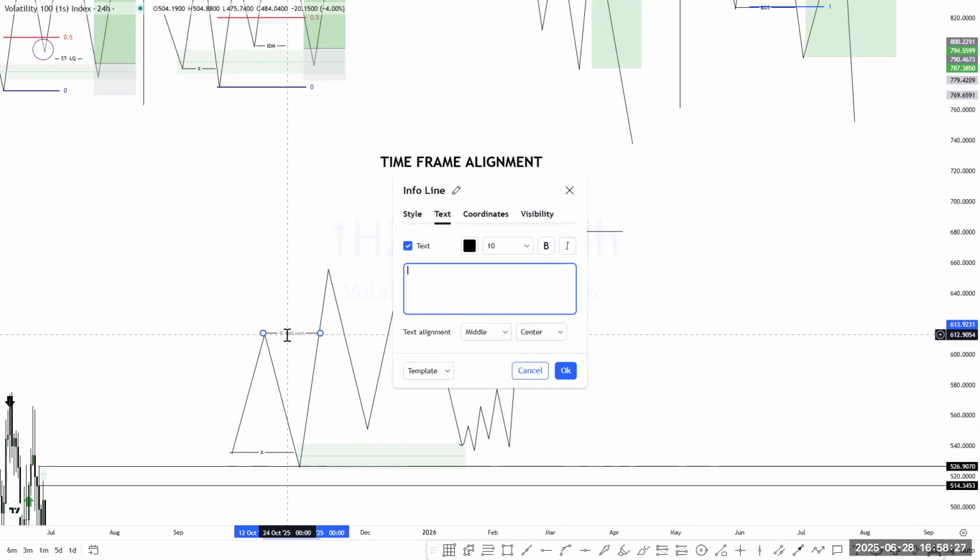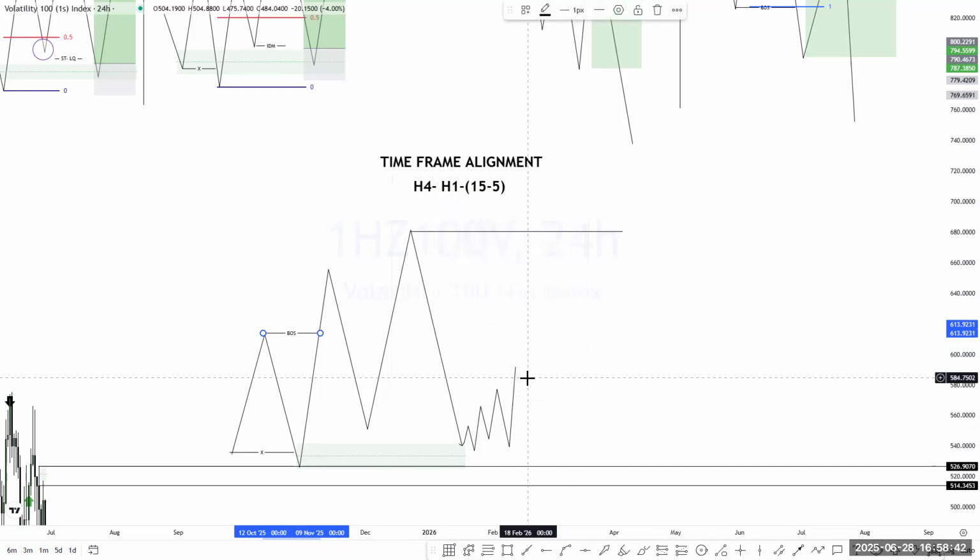So you identify your SBS on higher time frame and also identify it on a lower time frame. So this is going to be our break of structure.